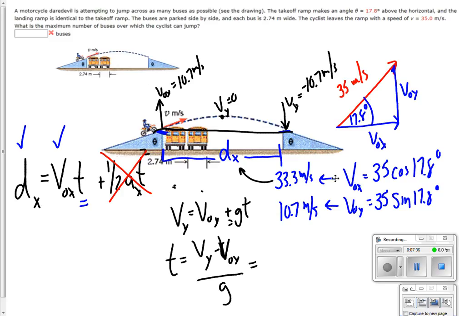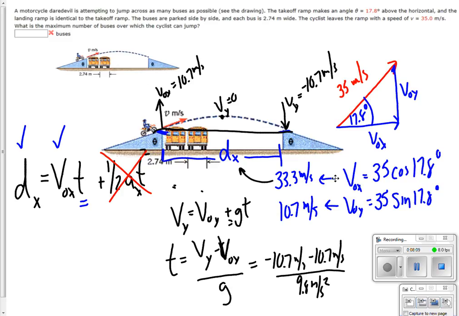It's symmetrical. I don't have to worry about having a different time up and a different time down and all that. So now I can just work this out. Vy is negative 10.7 meters per second minus v initial is positive over g. It's Webassign, so I'll go ahead and use the 9.8. So in other words, his total change in velocity here is from positive 10.7 to negative 10.7 at a rate of 9.8 meters per second per second.